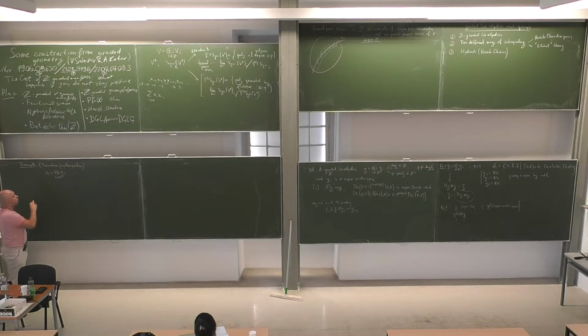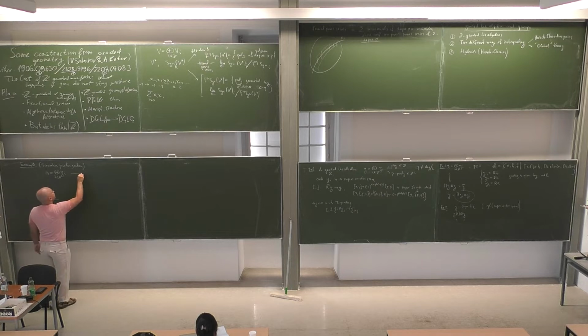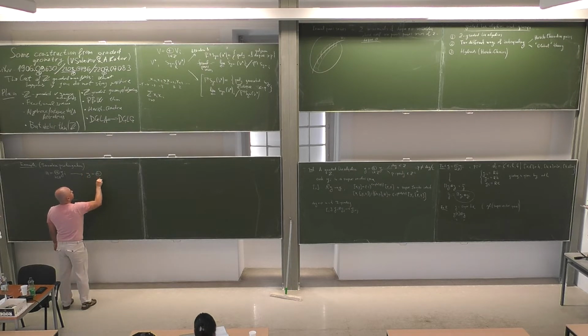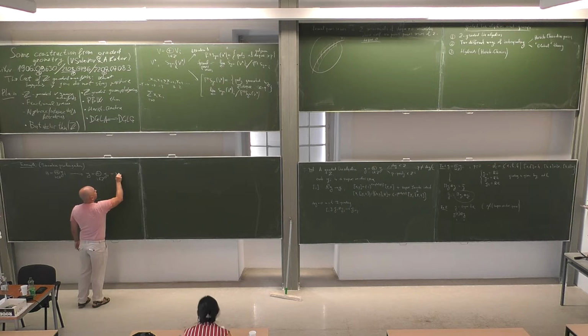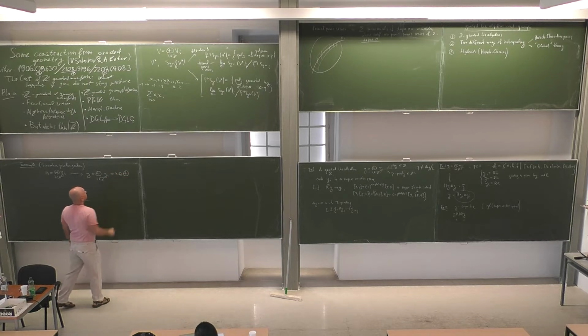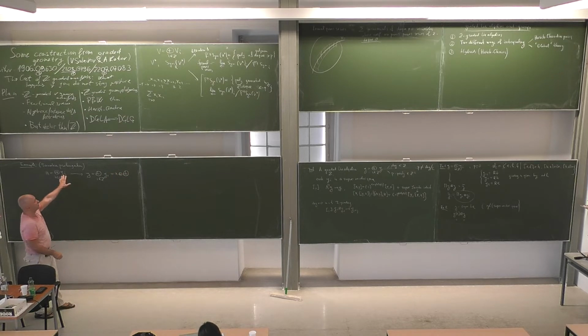So now out of this, we can construct a Z-graded Lie algebra, and the construction is canonical. We can add degree 0, degree 1, and so on parts in the following way. Up to degree minus 1, it's the same n.